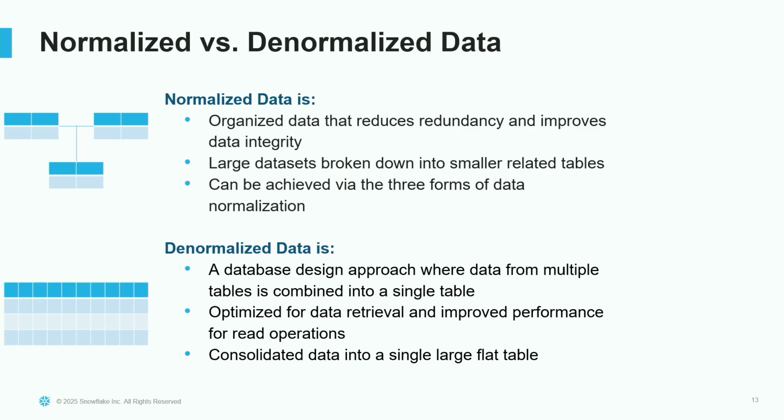So to just recap, normalized data is highly structured. Data is split into smaller, relatable tables. It keeps things clean, reduces redundancy, and is ideal for complex systems like claims and compliance workflows. Denormalized data pulls data from multiple tables into one big, flat table.